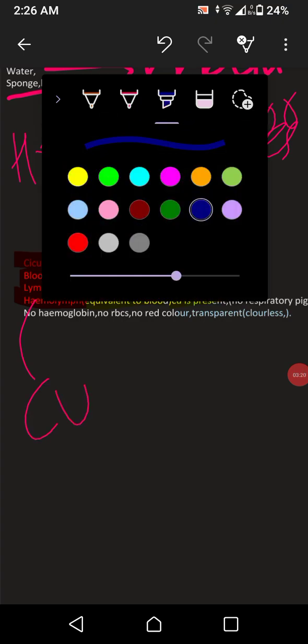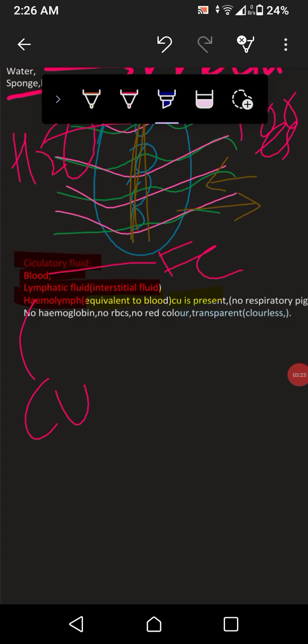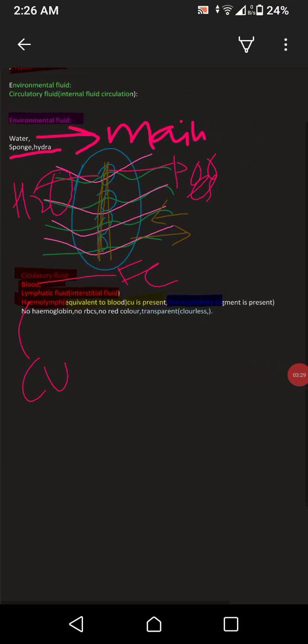In blood, iron is present, but in hemolymph, copper is present. But there is no respiratory pigment present in hemolymph.